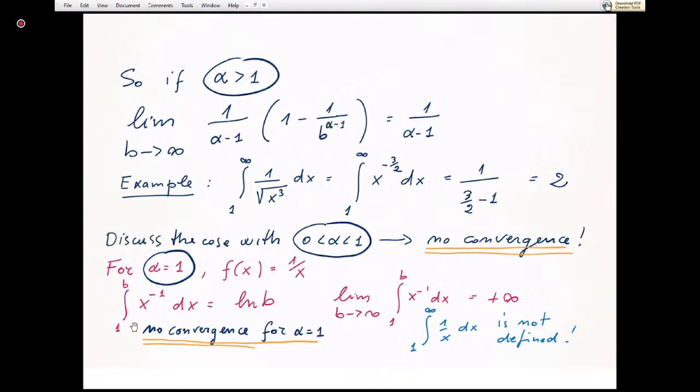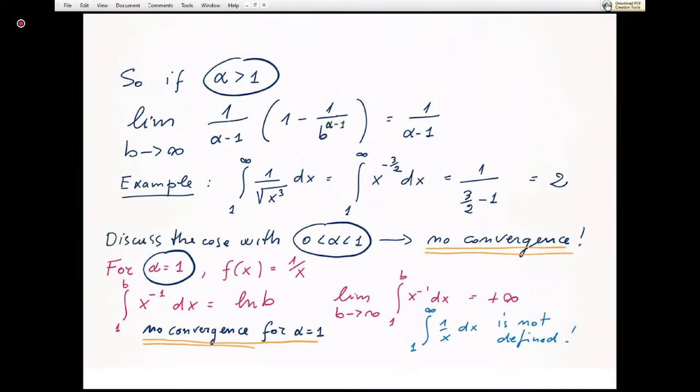Between 1 and b it means the log of b minus the log of 1, which is the log of b, because the log of 1 is 0. Taking the limit as b tends to infinity, the log of b is plus infinity. So it doesn't work with alpha equal to 1, it doesn't work with alpha between 0 and 1, it works only when alpha is larger than 1.